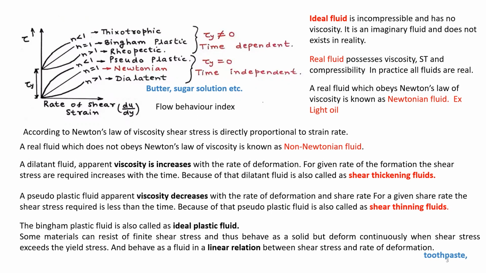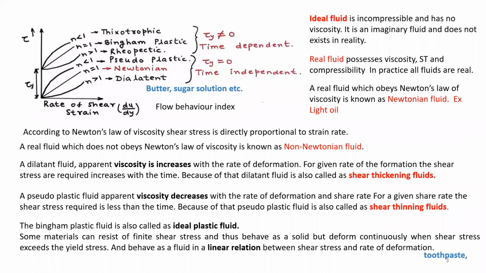For example, if you have baby milk powder and you churn it with a spoon, churning is a shearing process, and it becomes thick. So this is a very good example of a shear thickening fluid. Earlier, when we put the milk powder in milk or water, it is a fluid. But if you shear it, it becomes a shear thickening fluid.